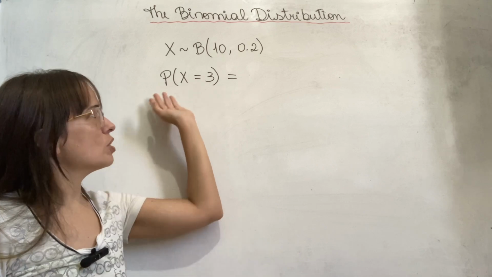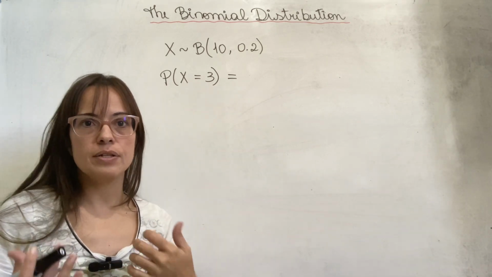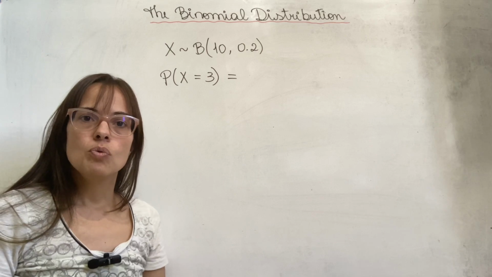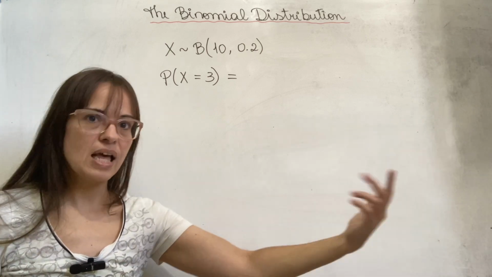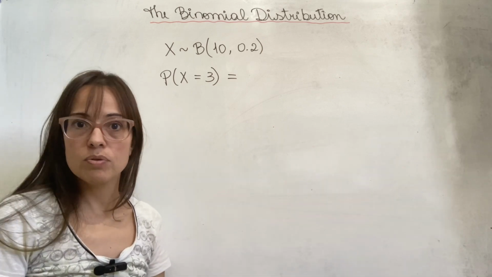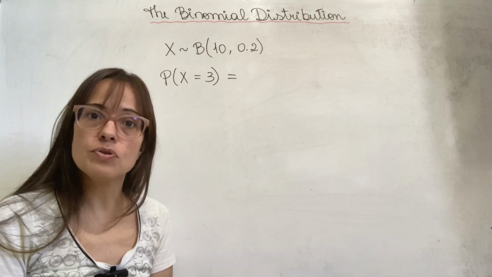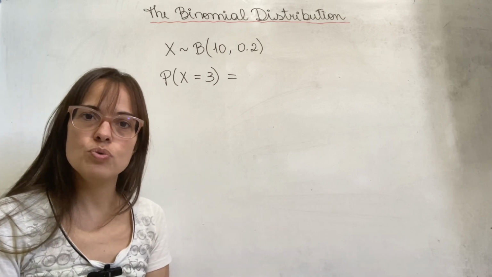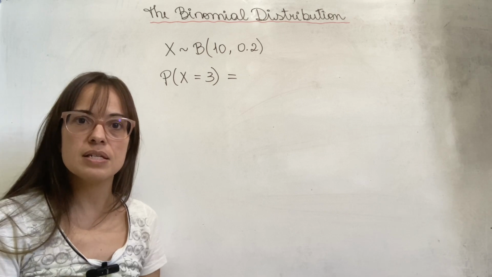So I'm asking you, what is the probability that the number of successes is going to be exactly 3? Well, which 3? Is it the first 3 of the 10? Is it the last 3? Is it 3 spread out trials out of the 10 repetitions that I'm going to make? In how many different ways can one choose which 3 of the 10 trials are going to be successes?